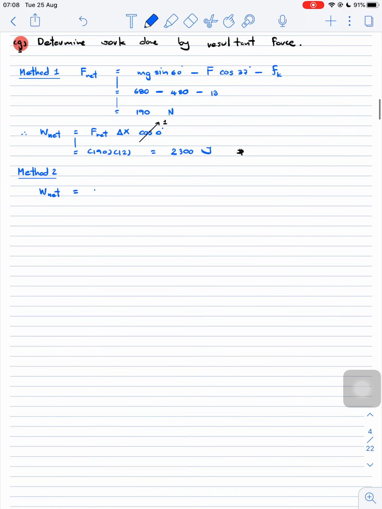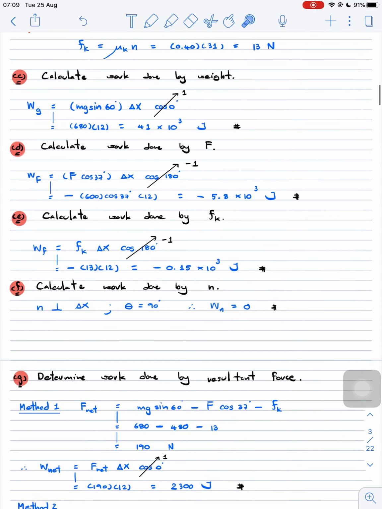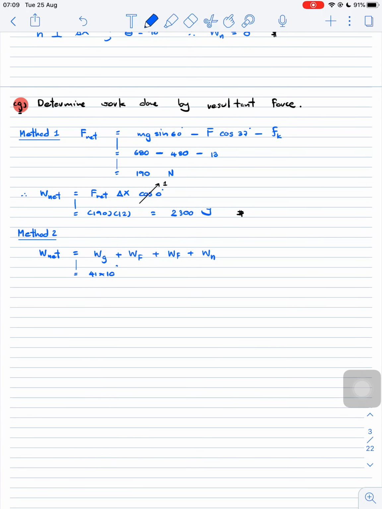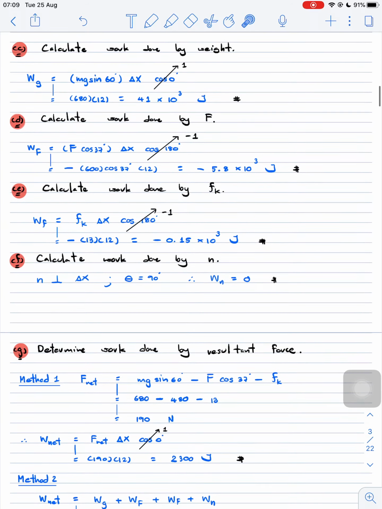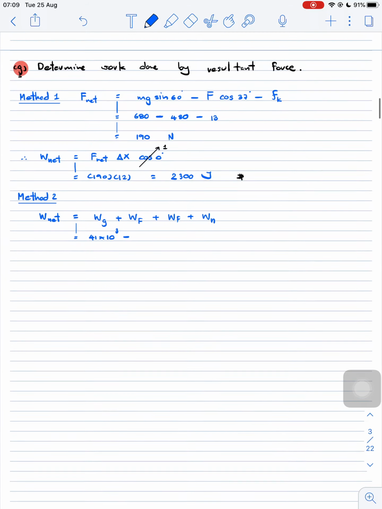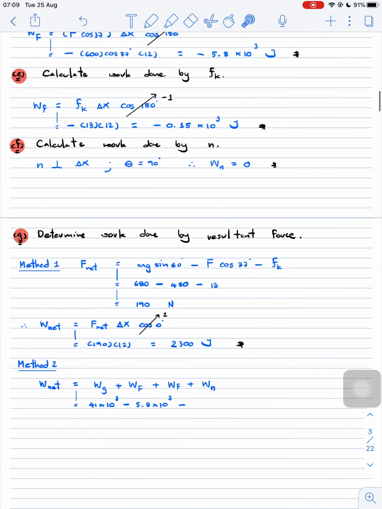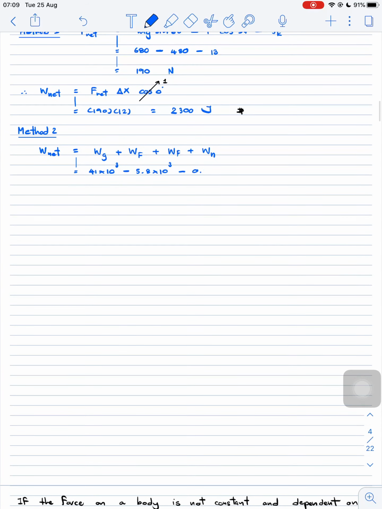We have the work done by the gravity, and the work done by the force F, and the work done by the friction, and then the work done by the normal force, which is equal to, okay, the work done by the gravity equal to this value, minus the work done by the applied force F equal to this one, and then minus the work done by the friction, right, equal to this one, and then plus 0.